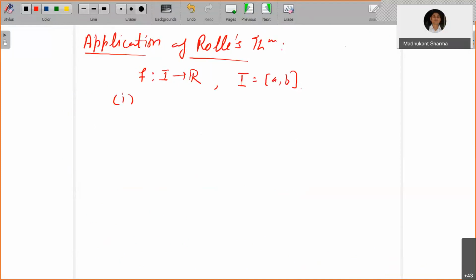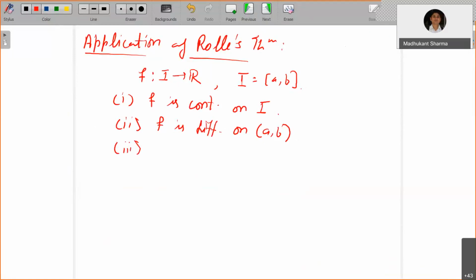and the first condition is f is continuous on I. Second, f is differentiable on the open interval AB. Third condition is f of A is equal to f of B, that is, at the endpoints they are equal.